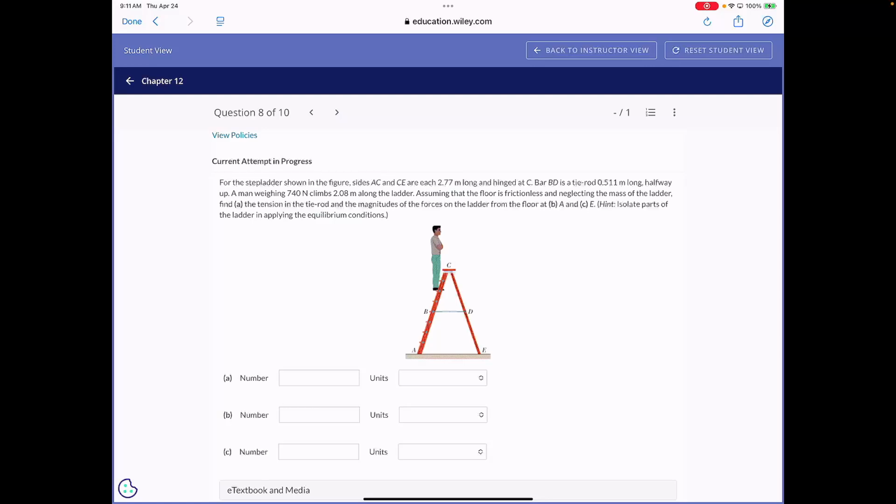But think very clearly about how the two sides of the ladder interact with each other. And when you get stuck, go find a tutor. You're going to come up to them and say, I'm doing the ladder problem for Physics 4A, and they're going to go, okay, I can do this.